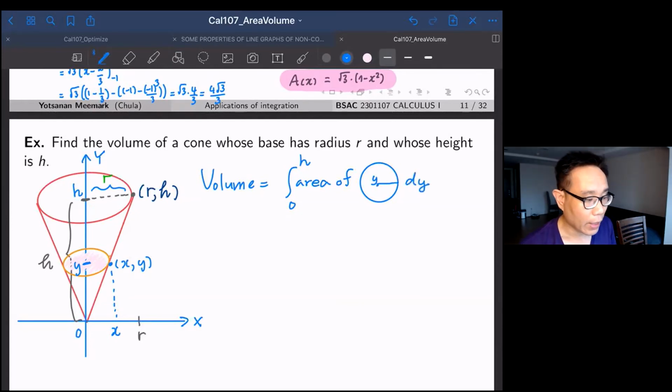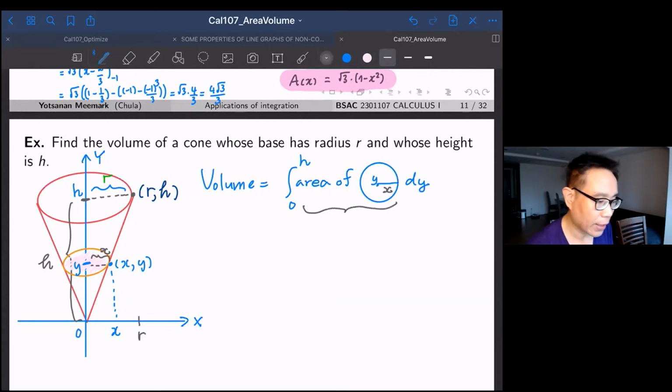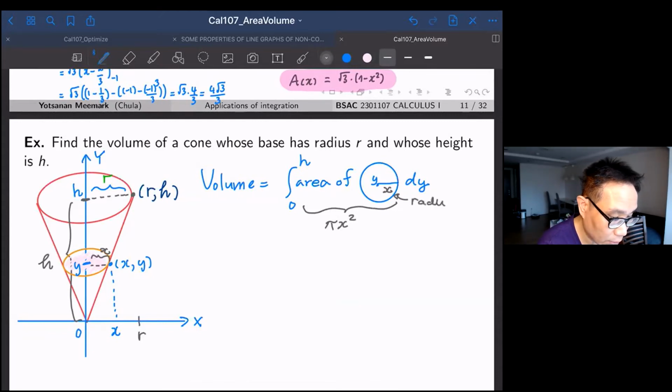And the radius of your circle turns out to be equal to x. The area of a circle with radius x will be pi r squared, so it's going to be pi x squared. Here, your x is the radius, so the radius of your circle is given by x.